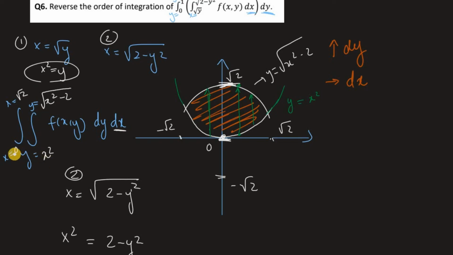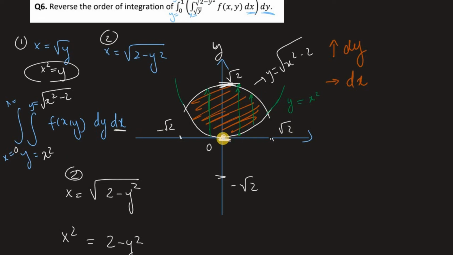Here I have just realized I made a mistake in the x values. This doesn't have to be square root of 2, because when I was looking at the x values, I was not looking at the x values in the graph. I was looking at the y values for some reason, and I'm sorry for that. So here we need to look at the x values. Where does the region belong in the x direction?